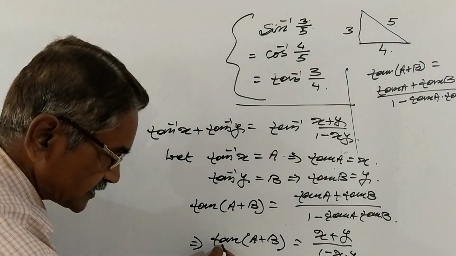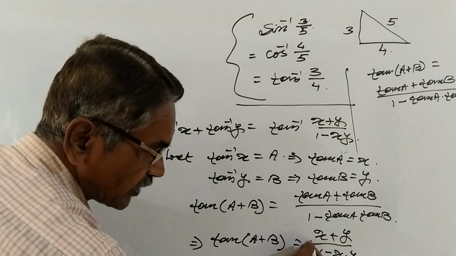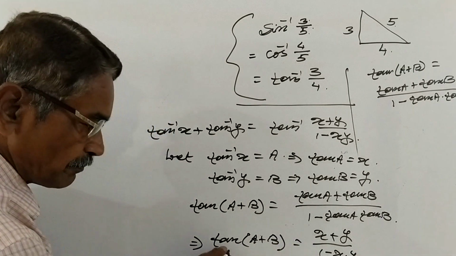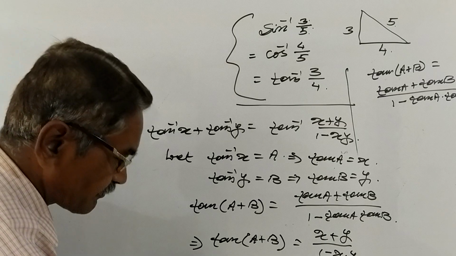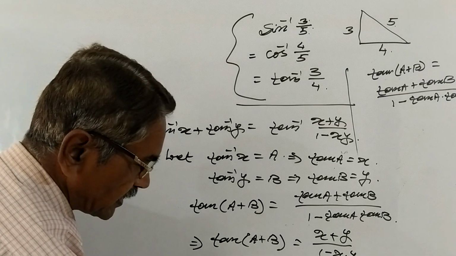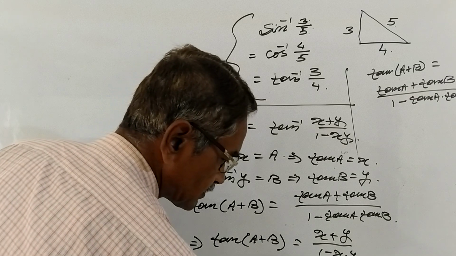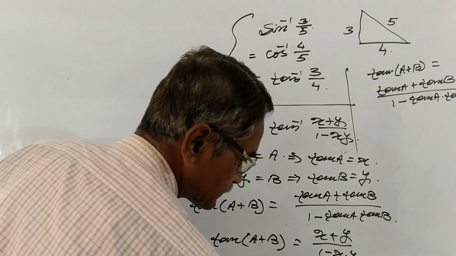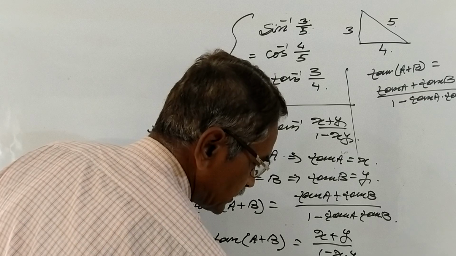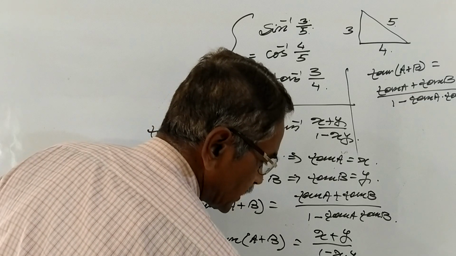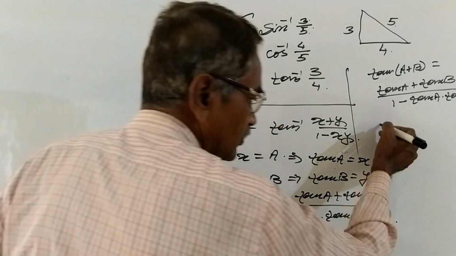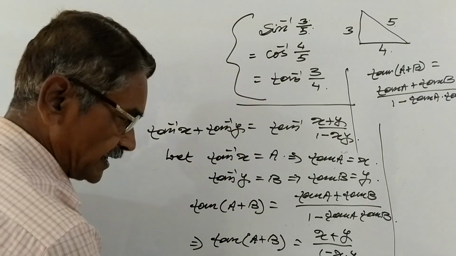Okay. Shift this tan, it will go to the RHS as tan inverse. So this means a plus b equals tan inverse (x plus y) by (1 minus xy). Now substitute the values of a and b.